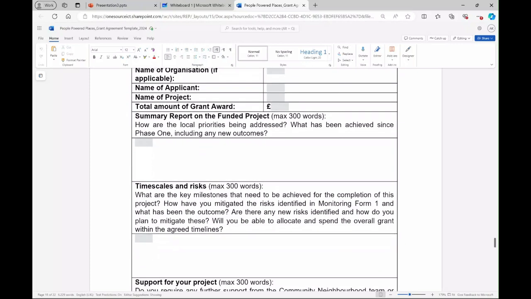So in 300 words, it'll be great to provide a summary of how you're addressing the local priorities and what has been achieved since phase 1, since the first monitoring report, and any new outcomes.